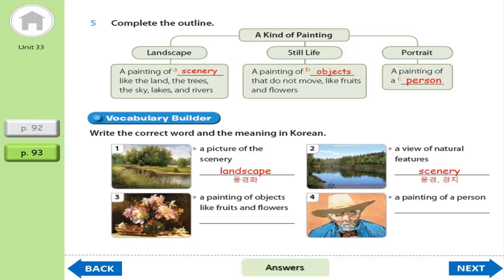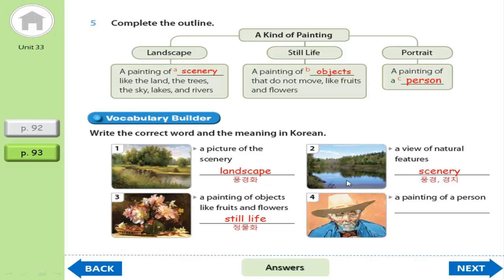Yes, we can see flowers in a bottle. So right here, a painting of objects like fruit and flowers. What word should you write in here? Okay, now the last one, picture 4.